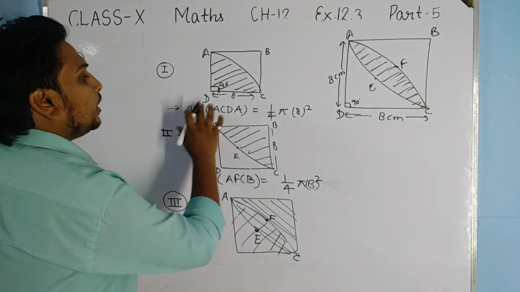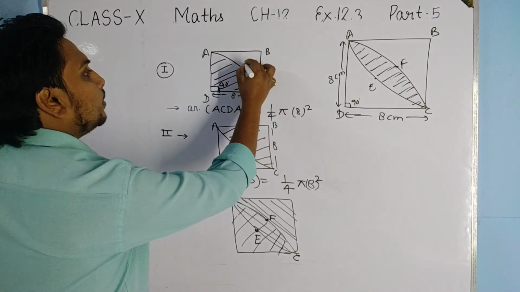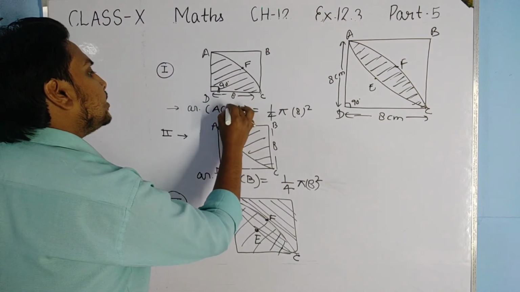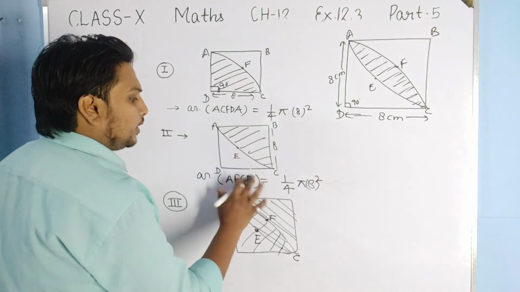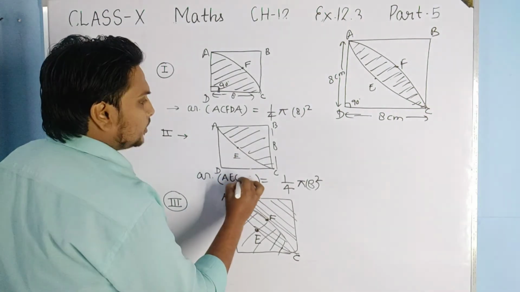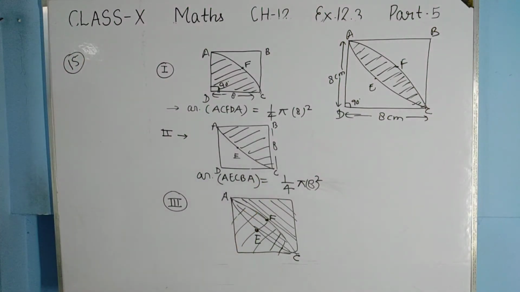One thing I have written here, that area of ACDA. Here you can extend F also, ACFDA. In the same manner, when you find this, you can write it like AECBA, so that it would be more clear.